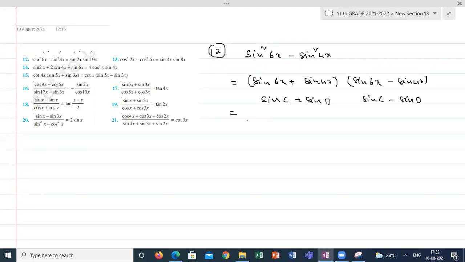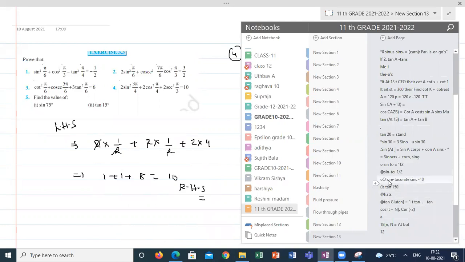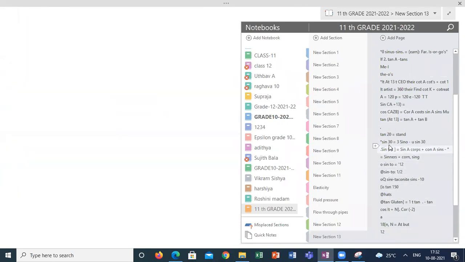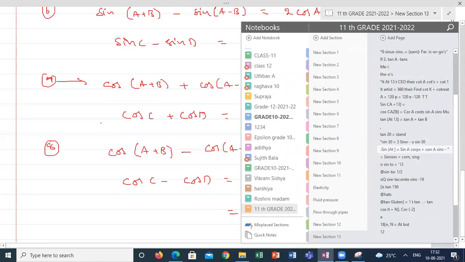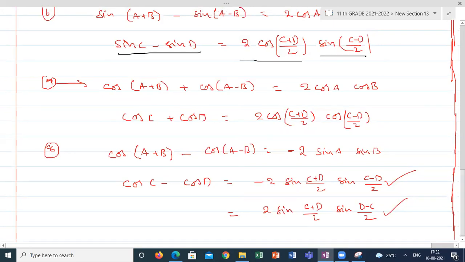Sine c plus sine d is 2 sine c plus d by 2 cos c minus d by 2. Go back and check. Sine c minus sine d is 2 cos c plus d by 2 sine c minus d by 2.